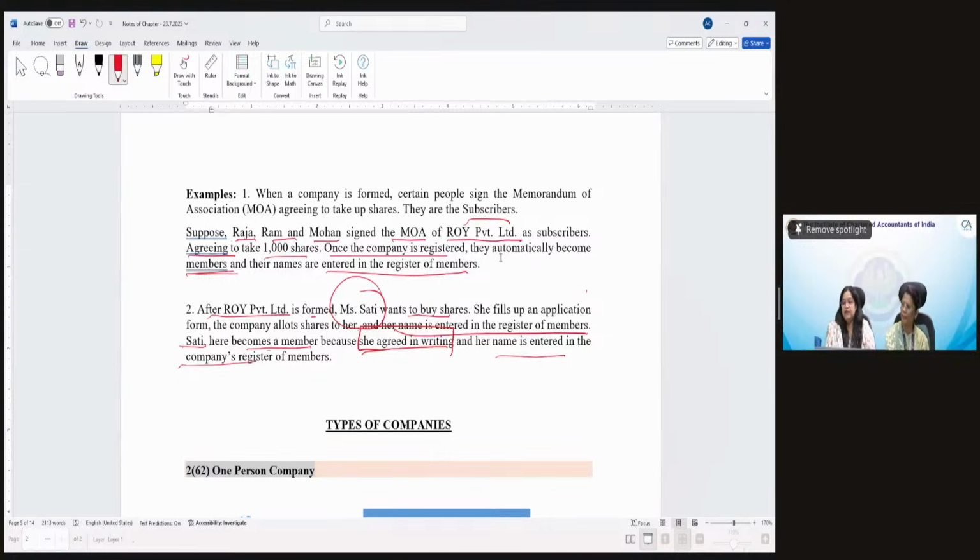If you want to understand the major difference between beneficial owners, subscribers and shareholders: subscribers to the memorandum of association were the ones who subscribed to the memorandum during incorporation, the initial stage when the company is being formed.